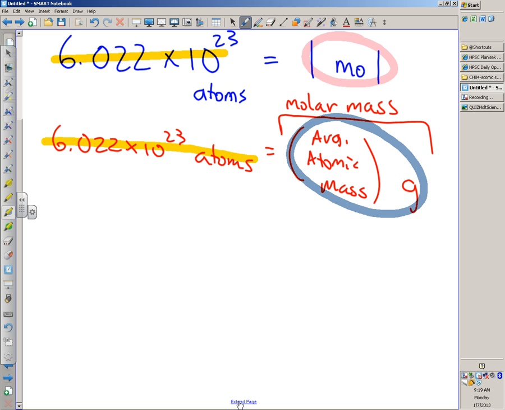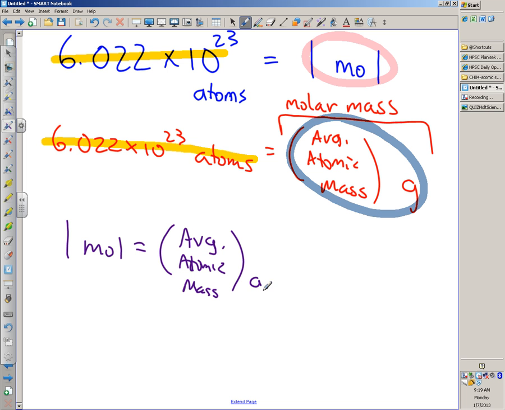That also means that 1 mole has to be equal to the average atomic mass in grams. And like we said, another name for this is the molar mass, because it's the mass of 1 mole.